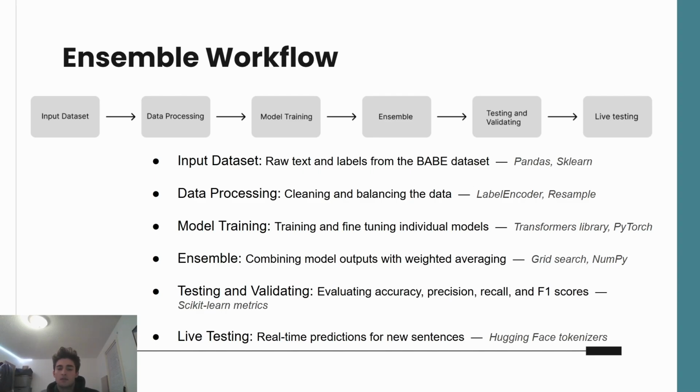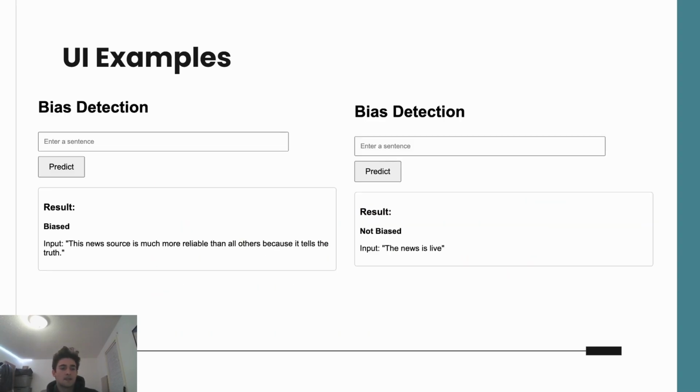Then we tested and validated scores, F1 scores, the accuracy, precision, recall, and finally we have the live testing, which I can show you now. This is an example of our model. You put the sentence in, and based on our dataset, it learned, and it's going to say if it's biased or non-biased.